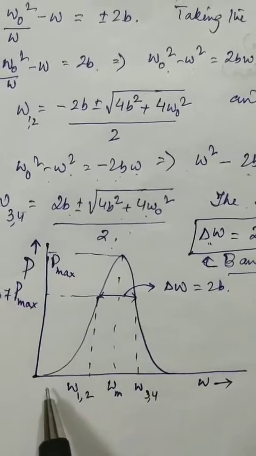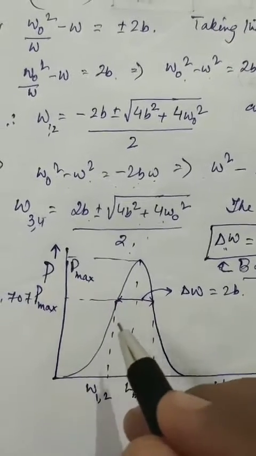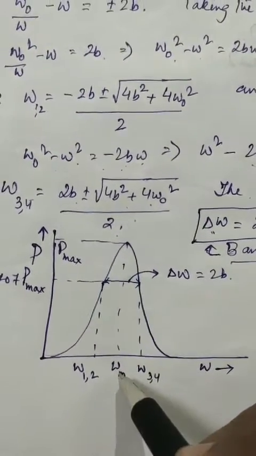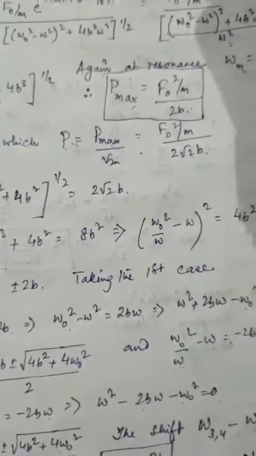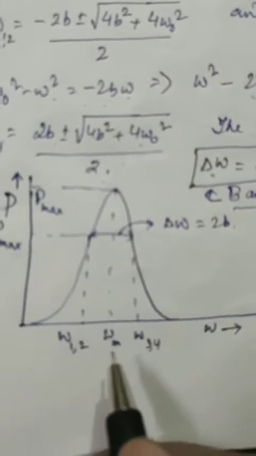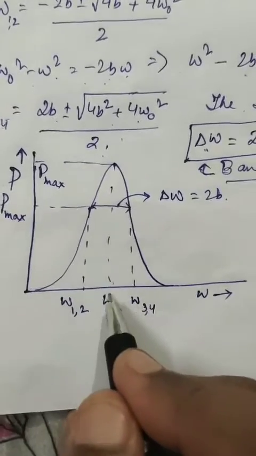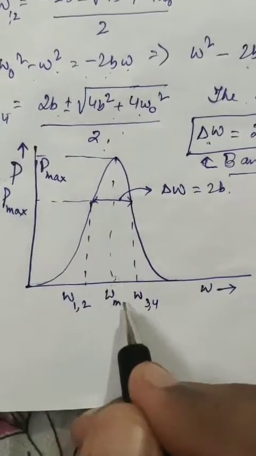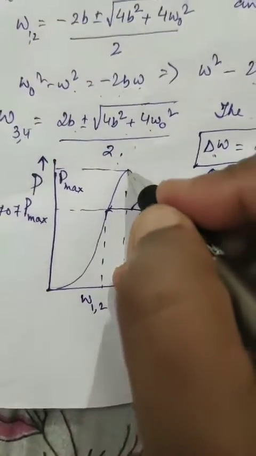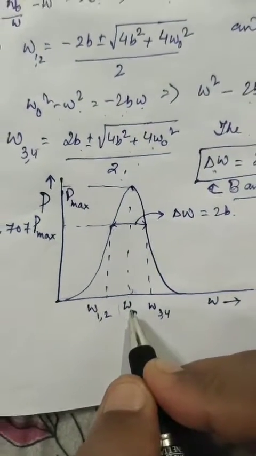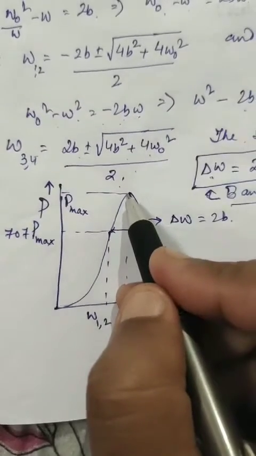If you keep on increasing omega, the power increases, and at a particular value omega m, where omega m is equal to omega naught, that is the natural frequency, the power is maximum. Whenever the applied frequency becomes equal to the natural frequency, the power of the harmonic oscillator is maximum.